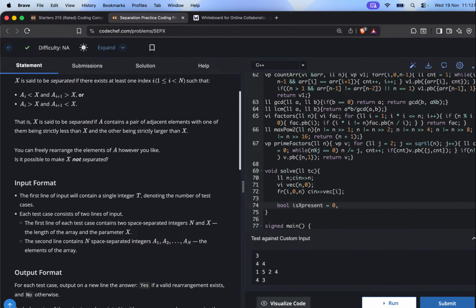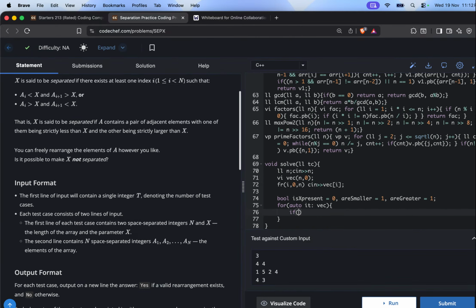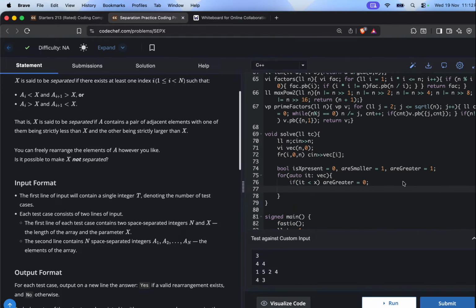In the rest of the cases, are smaller. This denotes that all the elements are smaller than x. Okay, let's iterate over all the elements of the vector. If it is smaller than x, then there is an element that is smaller than x.